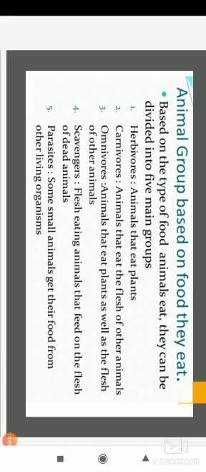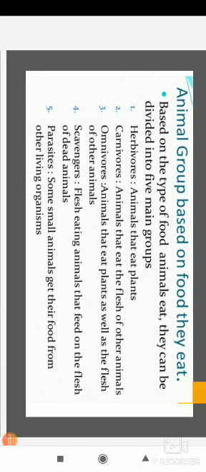Then the third one is omnivores, they eat both plants as well as the flesh of other animals. The fourth one is scavengers, children, they just do the cleaning process. They are also flesh eating animals, but they eat the dead animals' parts. They are doing the scavenging process, so they are called scavengers.